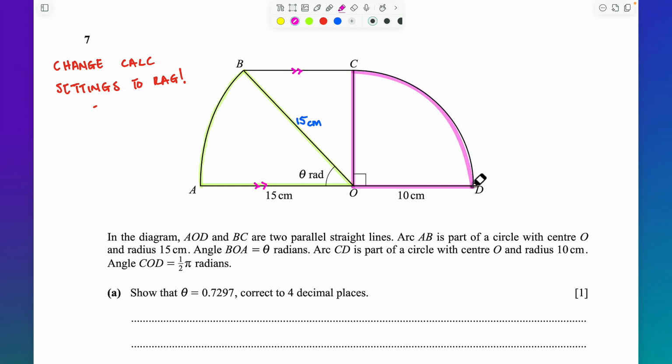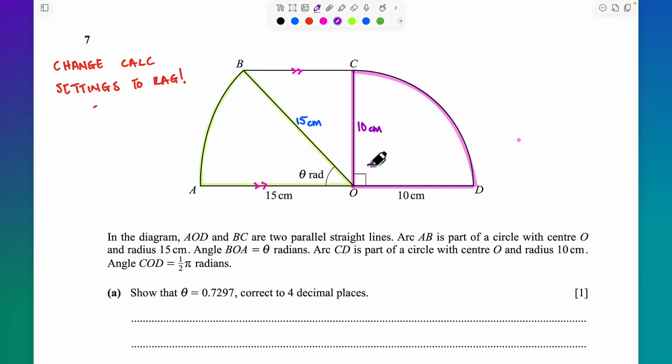This is also another arc with center O, which means exactly the same thing as we did before. If that is 15, it also means that this line over here is going to be 10 centimeters, because this line is a radius, this line is a radius, they have to be equal at 10 centimeters.